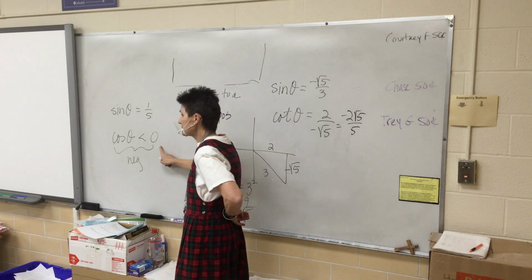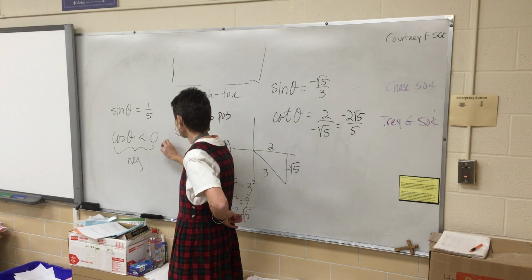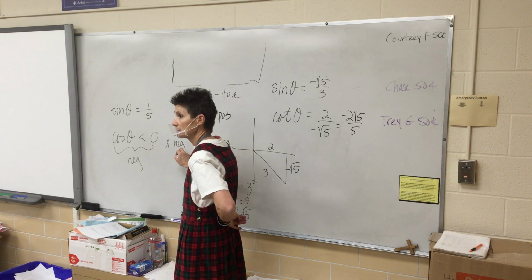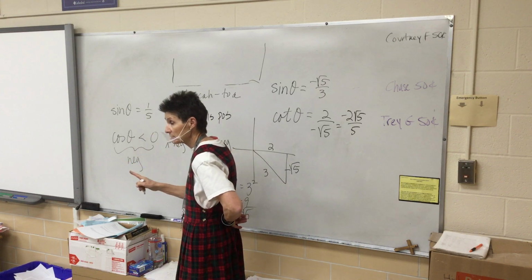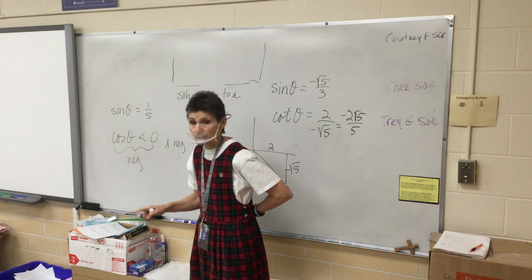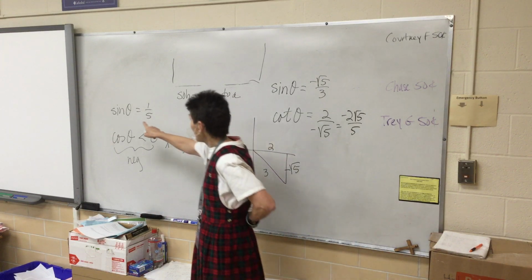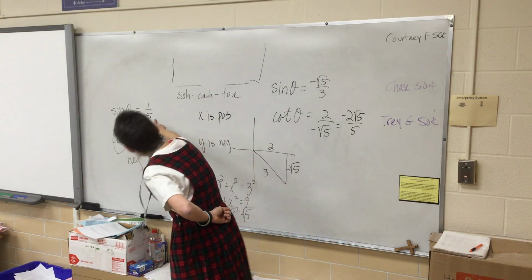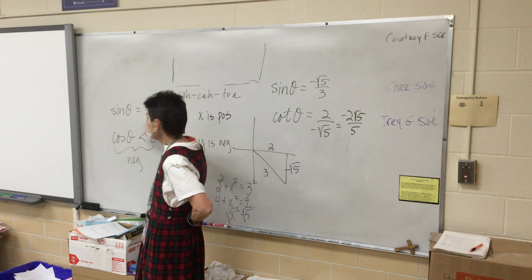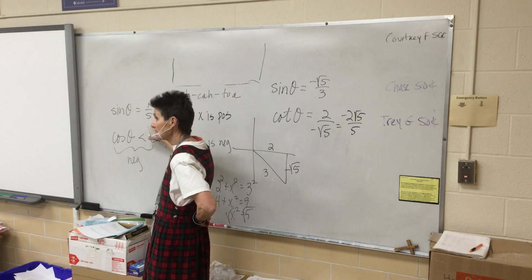Well, if the cosine is negative, I know that x is negative, right? Cosine is x. The sine is a positive number.